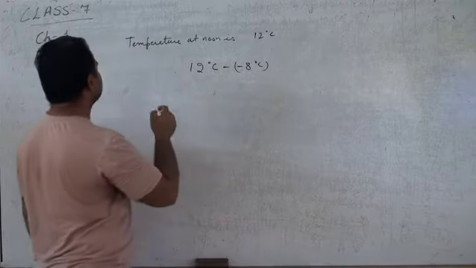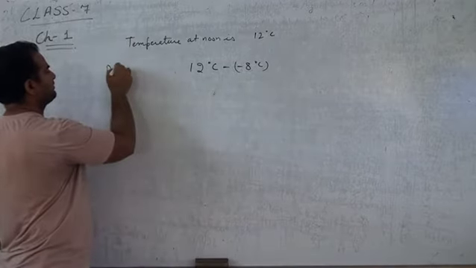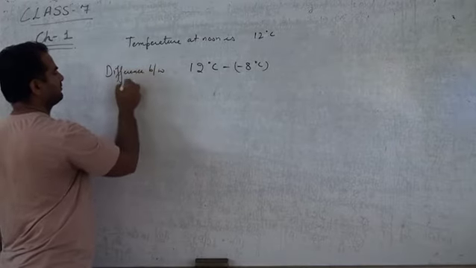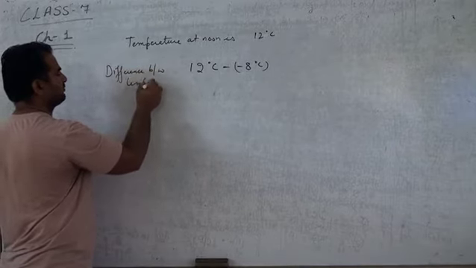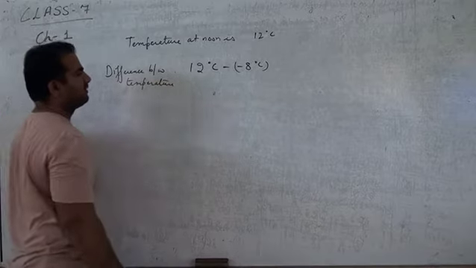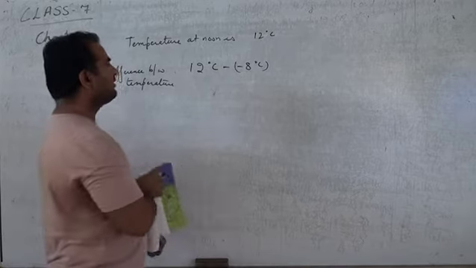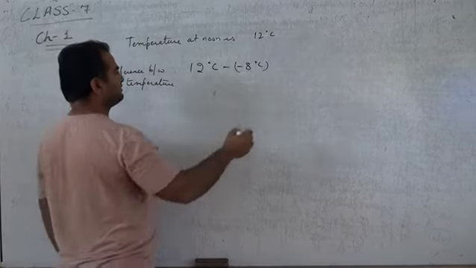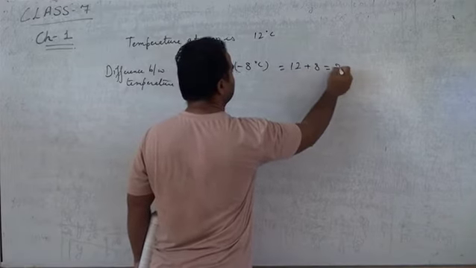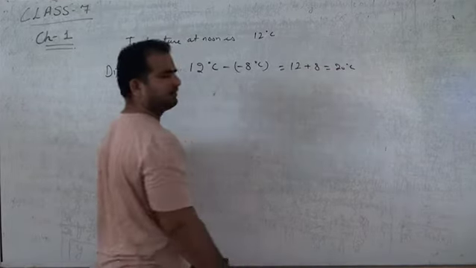Okay, difference between the temperature. So it will be 12 minus of minus 8, so it will be 12 plus 8 equals 20 degrees centigrade.